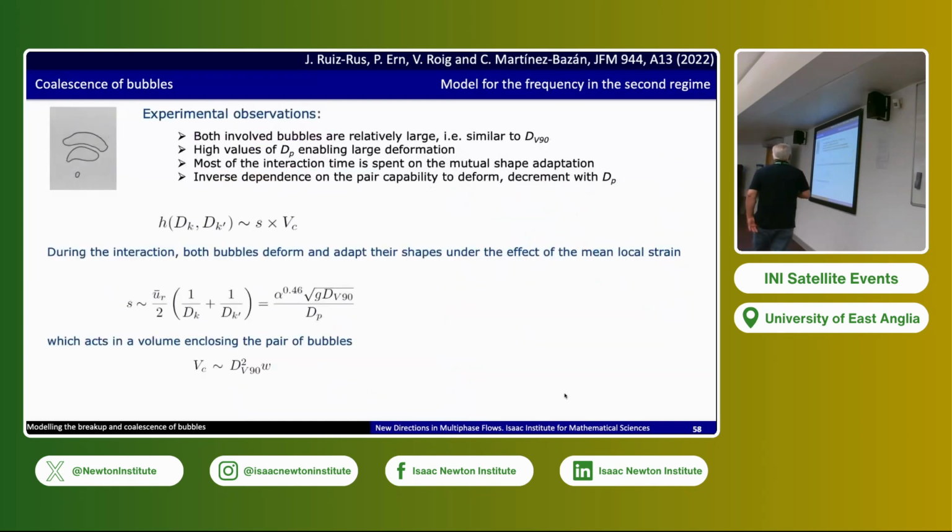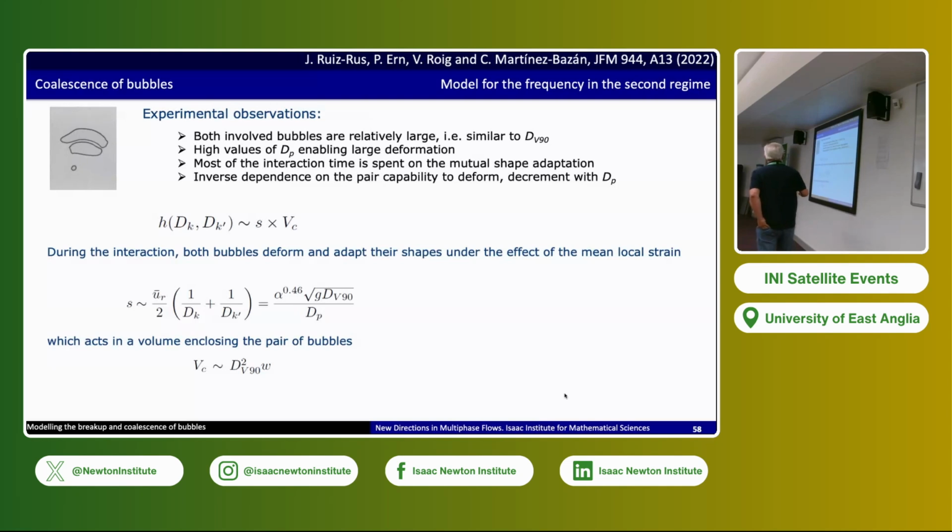For the second region, we see that the bubbles, as I said before, just get together, but they start dancing around for a while until they coalesce. So they have to deform. This surface needs to be deformed by the strain rate of the liquid that is surrounding them. So we propose that this frequency is going to be the strain rate times a characteristic volume.